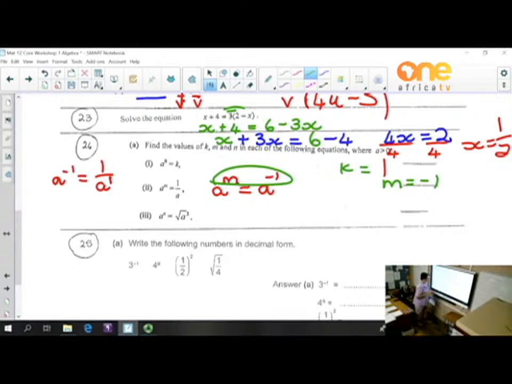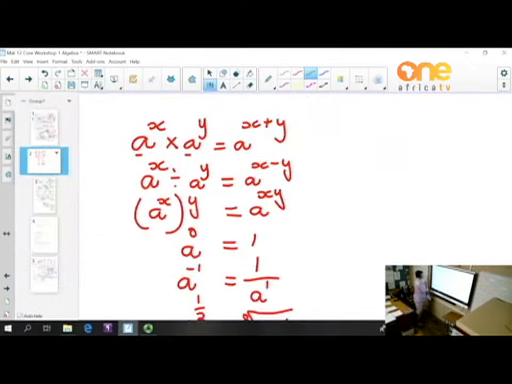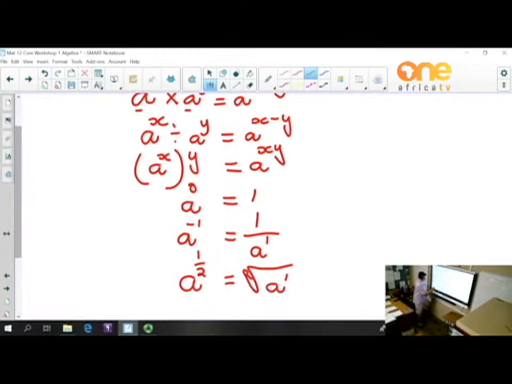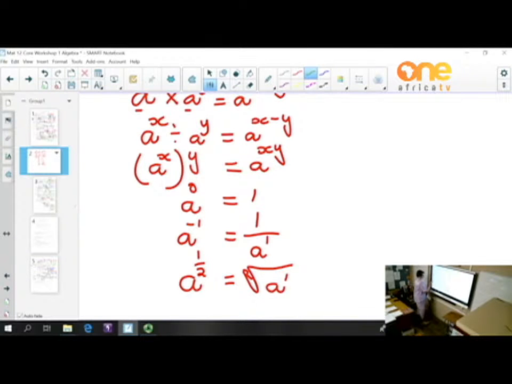And there's the last one that I gave to you. Let's look again at our rules there. Can you remember this one? This is the one that we're going to look at now. The fraction is the root.